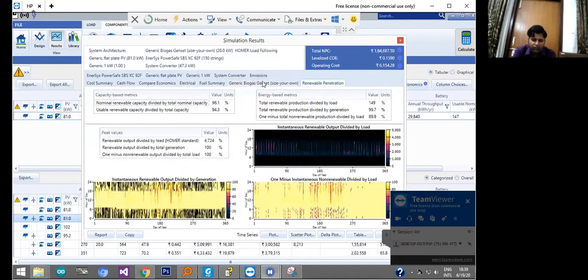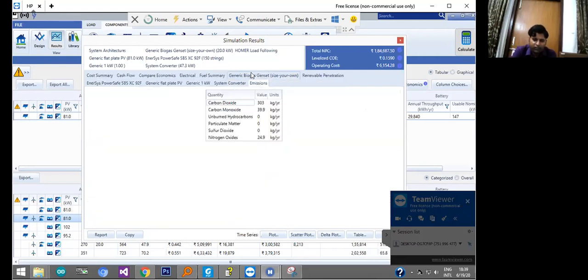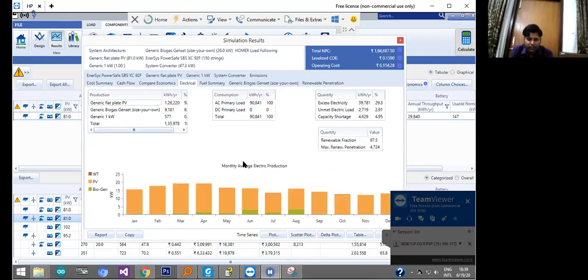I am also showing here that it calculates how much emission will be reduced. In the software you can explore all these kinds of information. The software is freely available for a 30 day trial if you install it, so within that you can explore it.